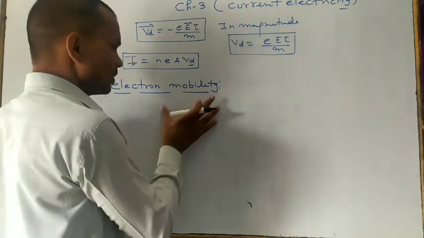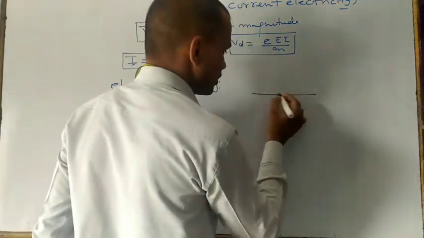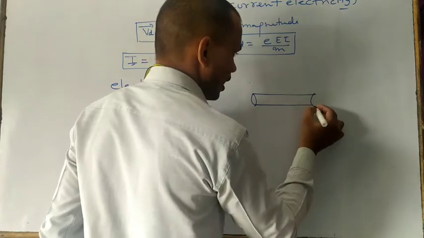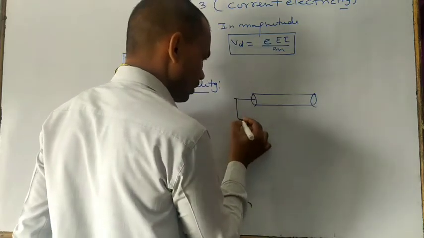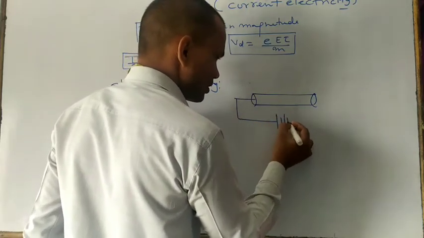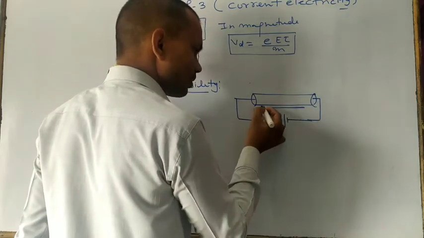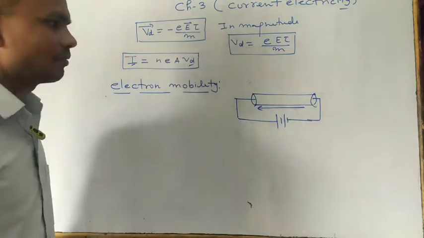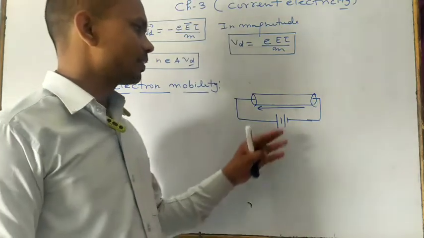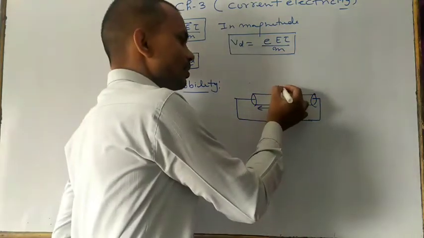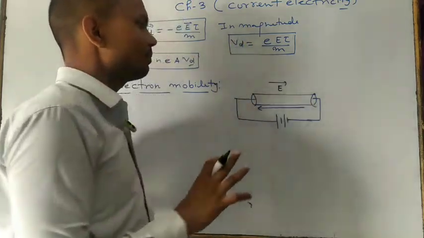For the discussion of electron mobility, suppose there is a conductor, and when you apply a potential difference across the ends of the conductor, electrons drift from negative to positive, gaining an average velocity. That average velocity gained by the electrons on applying an external electric field is known as drift velocity.